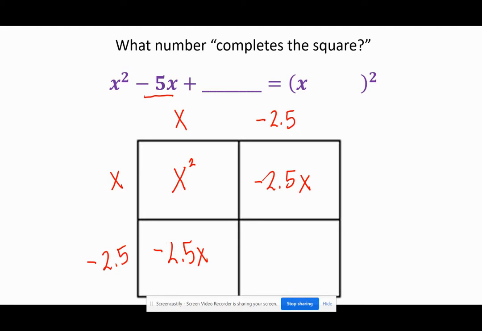So now negative 2.5 times negative 2.5 makes a positive 6.25 in this bottom right-hand corner. That completes the square. And if that was a 6.25, I would be able to rewrite this quadratic as x minus 2.5 squared.